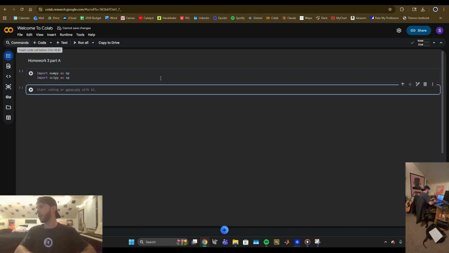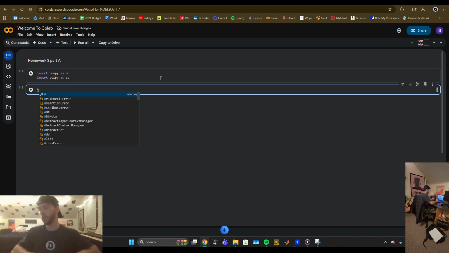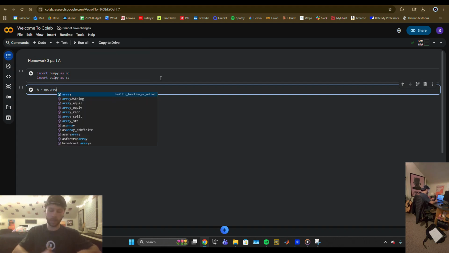This will just be to be able to run our calculations. Okay, so using that numpy, we can create our matrix. We'll say our matrix A is equal to np.array.